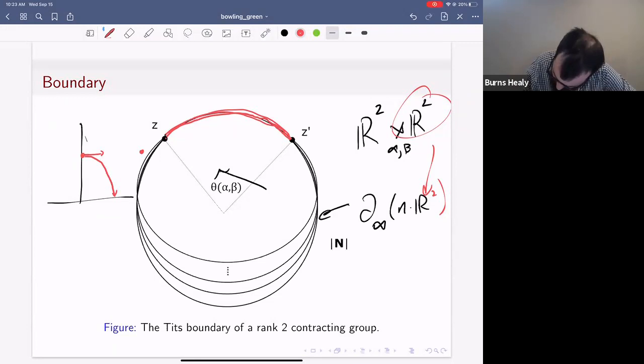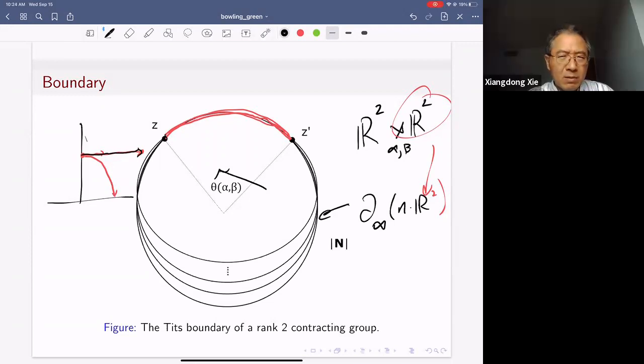But the problem is that this is not geodesic, or it's not even quasi-geodesic. So if I tried to go out towards what seems like it should be a point in the contracting boundary, because it's a Morse geodesic, well, it turns out that's not even a quasi-geodesic ray, because that is exponentially distorted. You mean this is the entire Tits boundary?